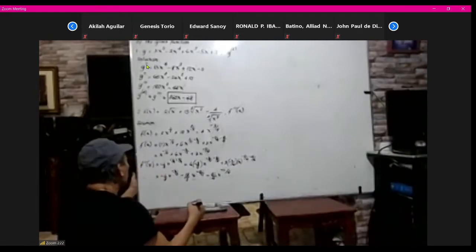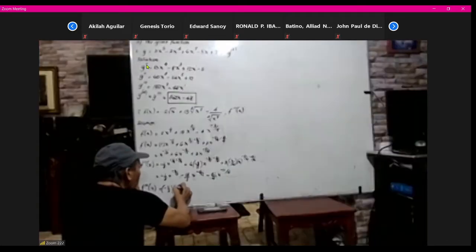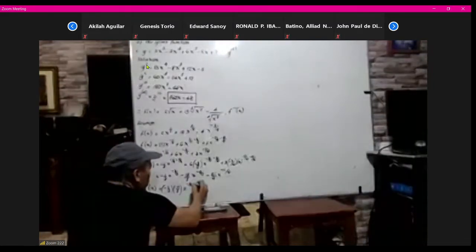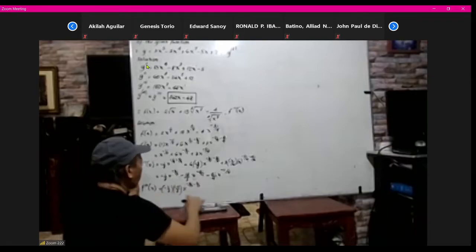So, punta tayo ngayon sa third derivative. The third derivative of the function of x equals, okay, negative 1 half. Multiplied natin ang power na negative 3 halves. Then, x raised to negative 3 halves minus 2 over 2 kasi ang denominator niya ay 2.